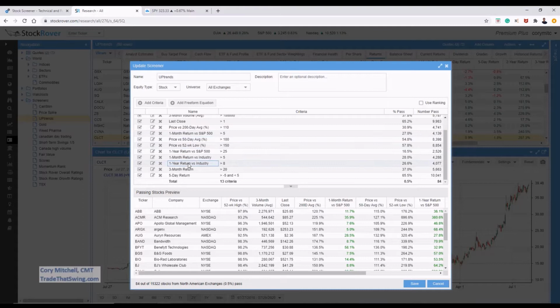And then these are just some comparisons to their industry, to the S&P. And this one, greater than 150 off the 52-week low, means it's moved at least 50% off the low. If it was 100, that would mean it's sitting right at its low. We're at 150, so 50% off the low. That just will show us stocks that at least have had a nice move off their bottom.